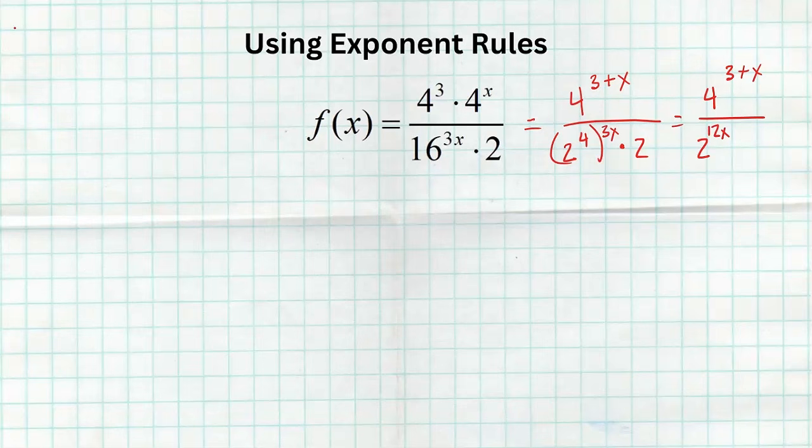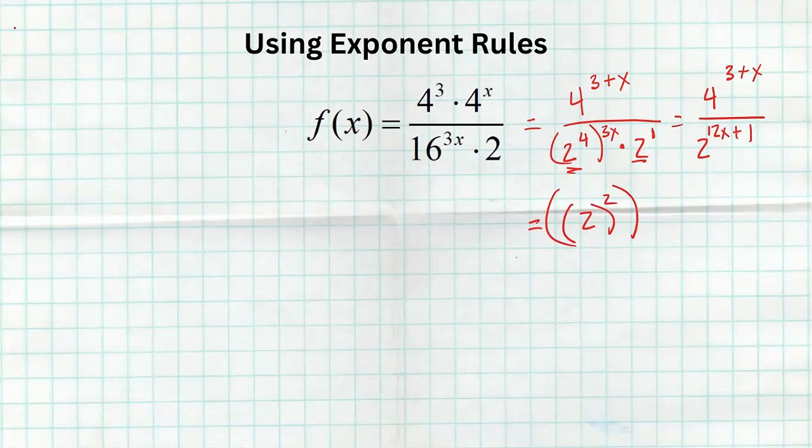But then I'm also going to add the 1 that's right here. Again, I'm multiplying with the same base of 2, so I can add those powers. So that's why I get the 12x plus 1. Now, I can continue to make this go even further because that 4 on top could be written as 2 squared.